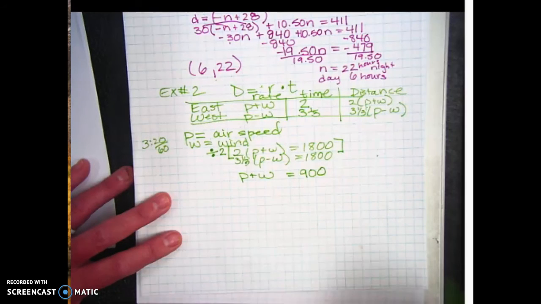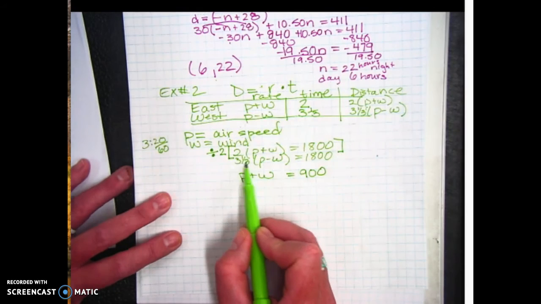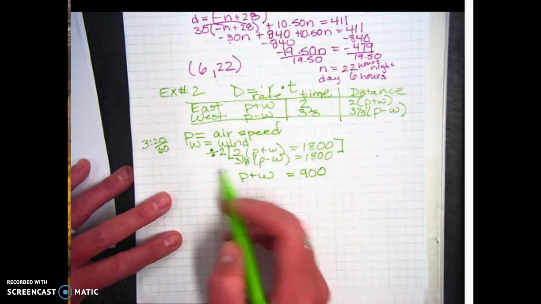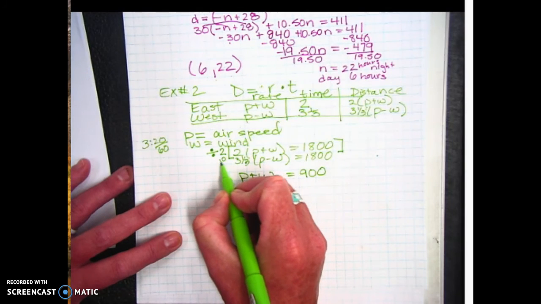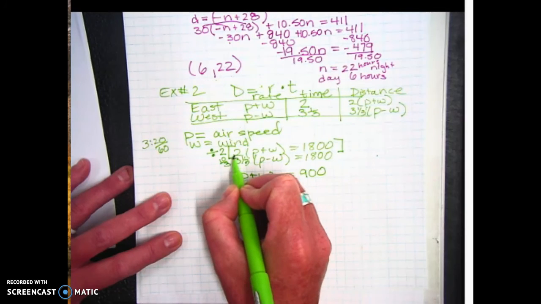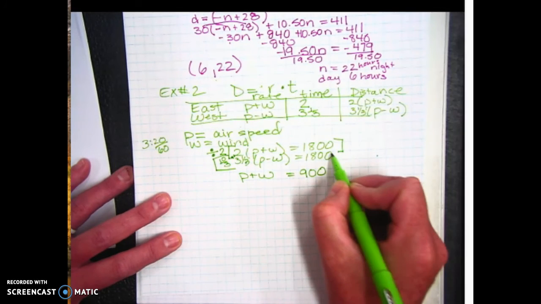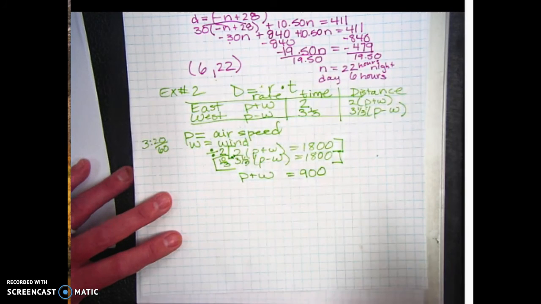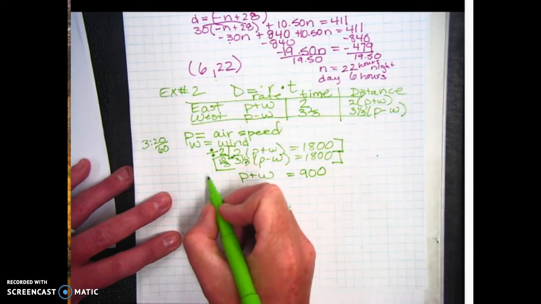Okay. I'm going to change this mixed number to an improper fraction. So I'm going to go 3 times 3 is 9, 9 plus 1 is 10, so this is actually 10/3. So that means I need to multiply this whole second equation by what? We want to multiply by the reciprocal. So flip that fraction over.